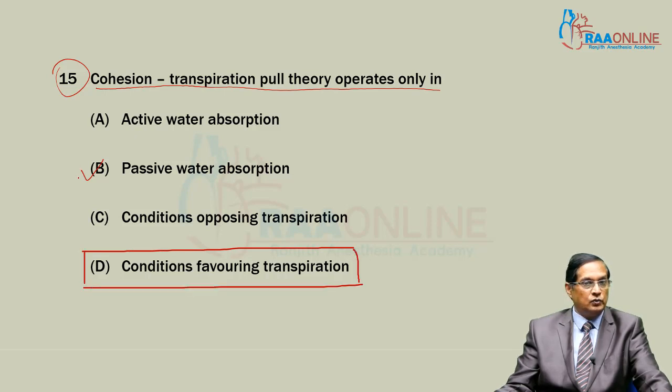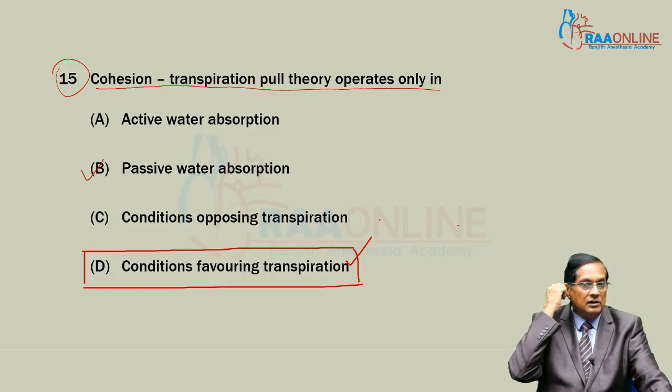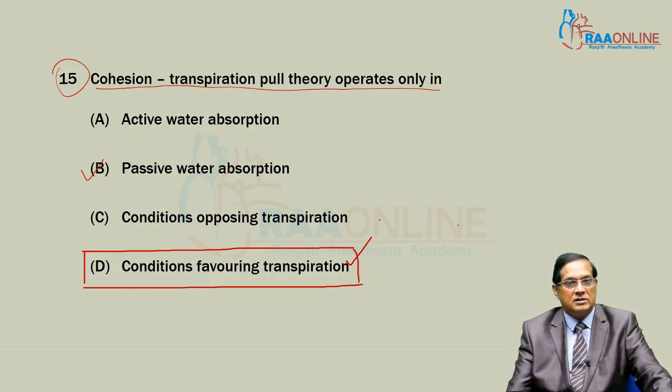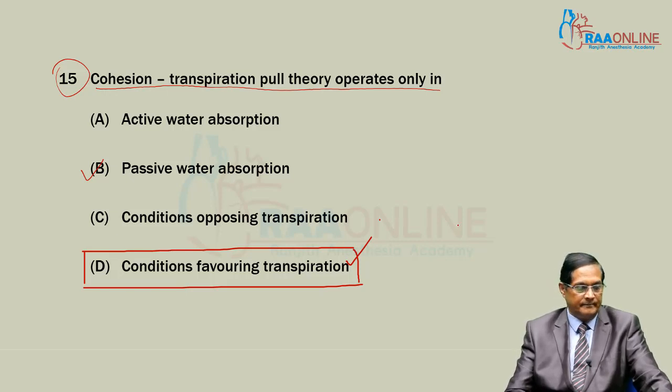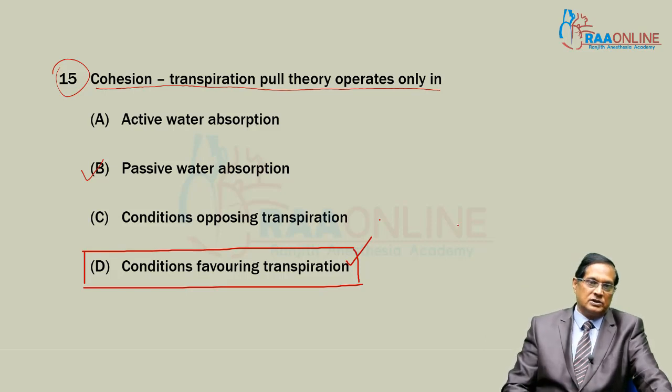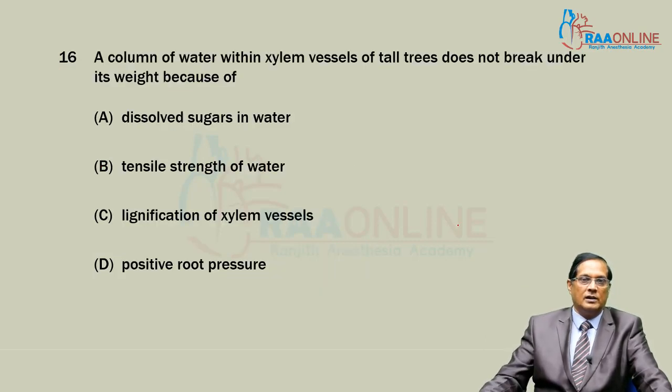With respect to absorption, it is passive, and with respect to the involvement of transpiration, it is conditions favoring transpiration. Transpiration pull theory operates only when conditions favor transpiration. Then water automatically lifts up.